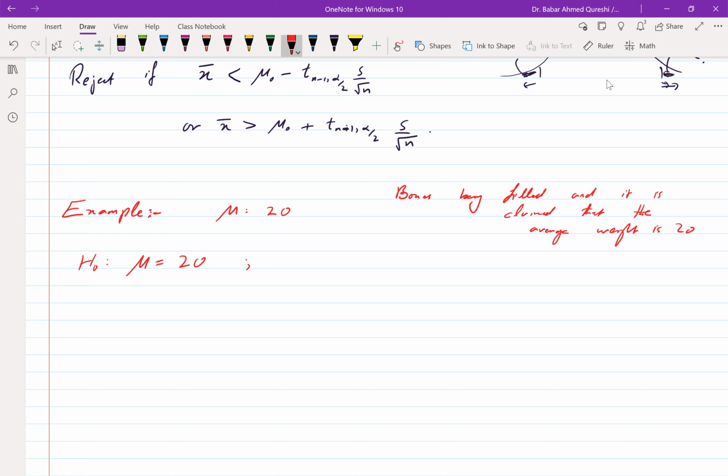You don't want to waste and you don't want to underfill the boxes. So you are taking the alternate that mu is not 20. There's some other average value for the weights in the boxes. So it's a two-sided alternative.